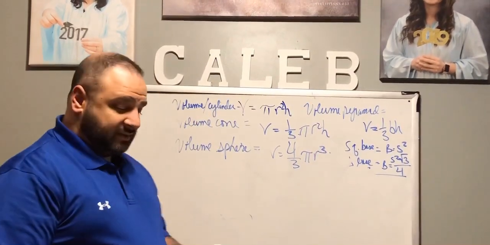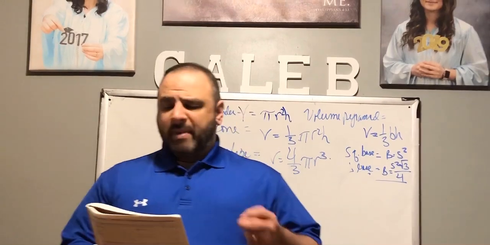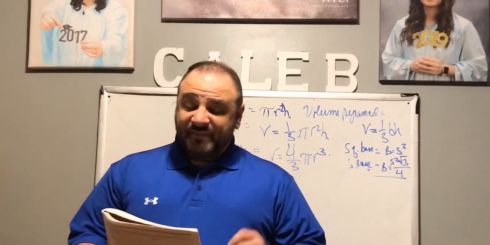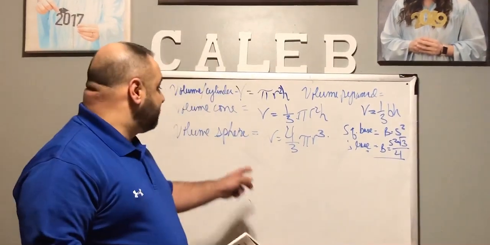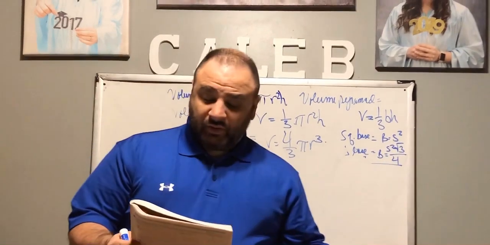The sphere is a very common shape. The sun, the moon, the earth are spheres. Many sporting events use balls that are spheres. The formula for finding the volume of a sphere is 4/3 times pi r cubed. And we'll just do the first one together.